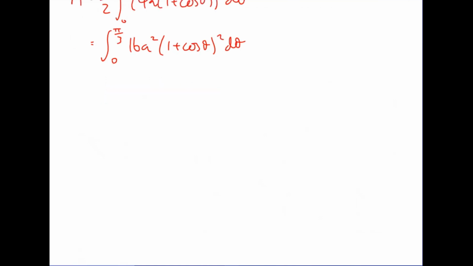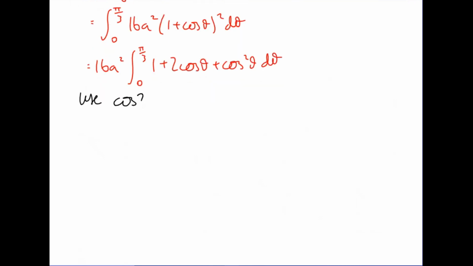You can pull the 16a squared out to the front because it's a constant. And I get 1 plus 2 cos theta plus cos squared theta. I'm going to use the double angle formula for cos, 2 cos squared theta minus 1, because I've got cos squared, which we've done last time. So I get cos squared theta equals a half cos 2 theta plus a half.